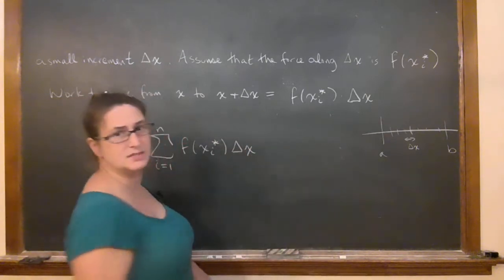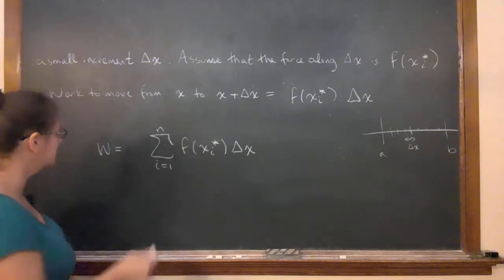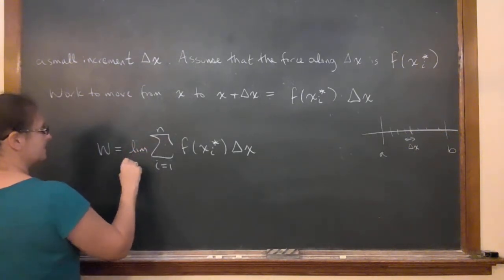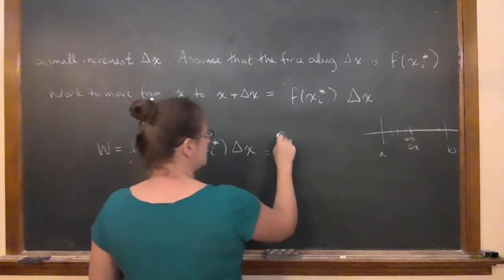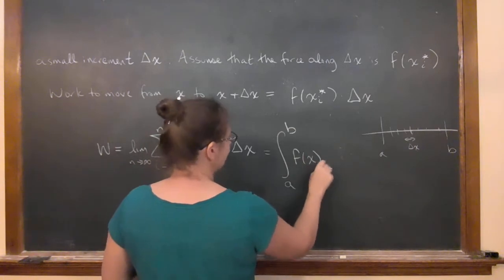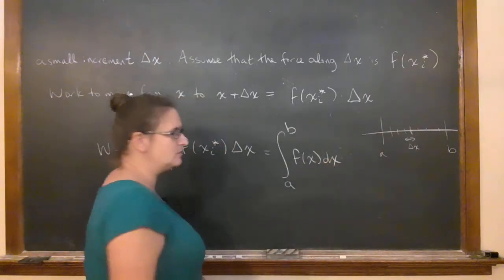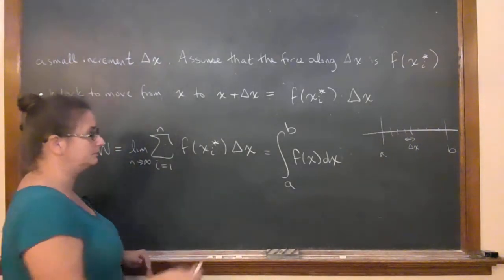And you all know what this is. This is a Riemann sum. If I take n to infinity, this becomes the definite integral. So I have a nice, simple integral to do, f of x dx. So that's going to be the work.